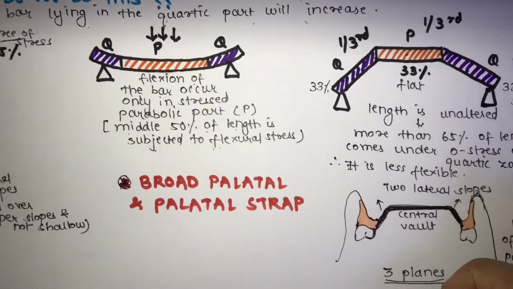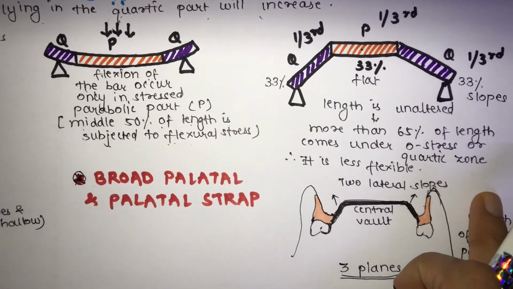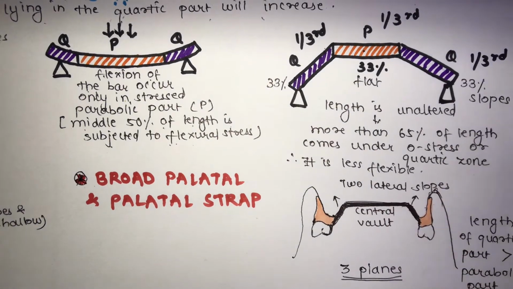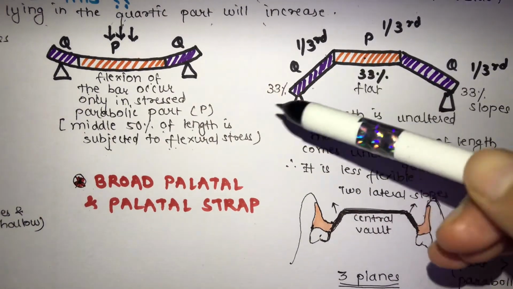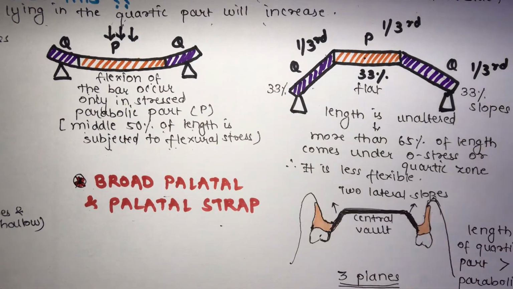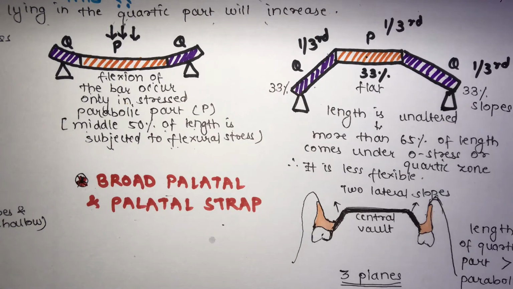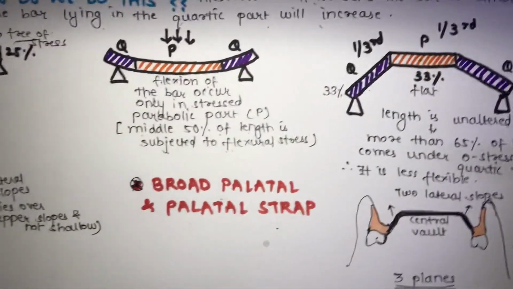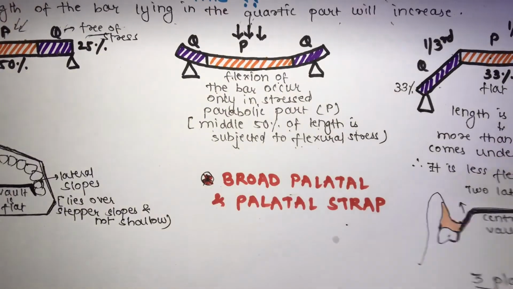So what we are doing is, we are bending this. Now we have bent this bar, as in the case of the broad palatal and the palatal strap. So we are applying this concept in the design of the major connector. So this is your palate over here in this diagram.